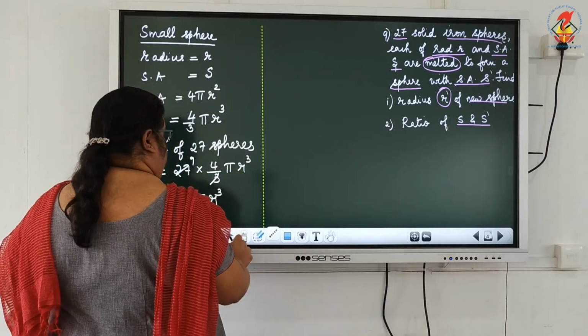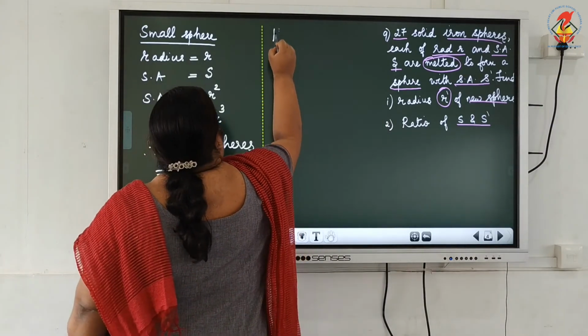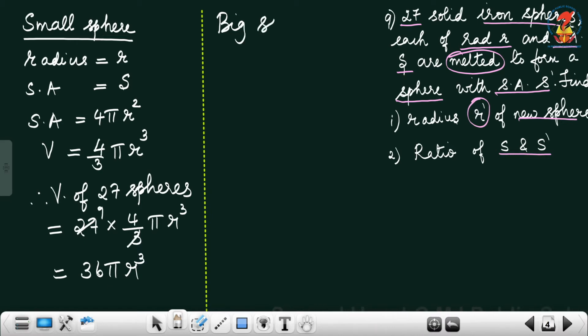Now, we will discuss the big sphere. Now, big sphere's radius we need to find. What is it? R dash. Surface area of the big sphere is given to be S dash.